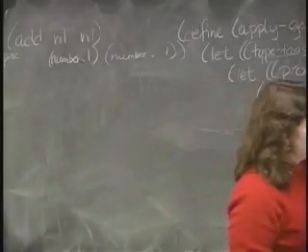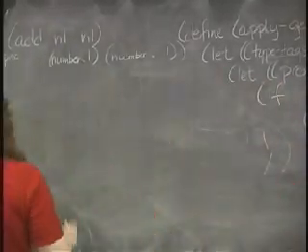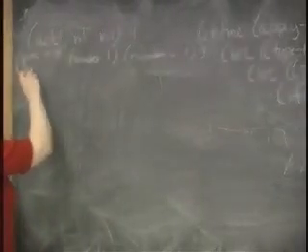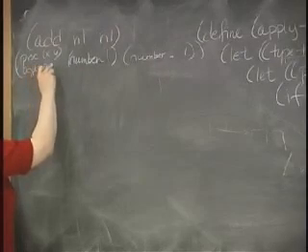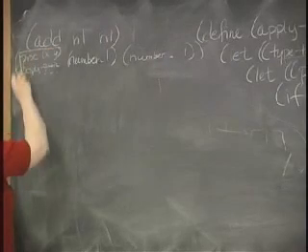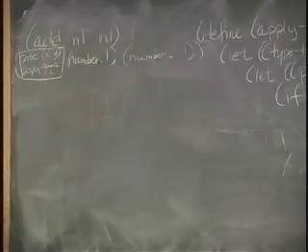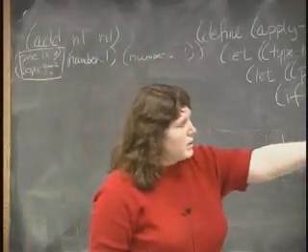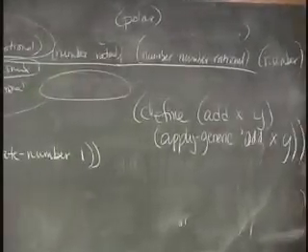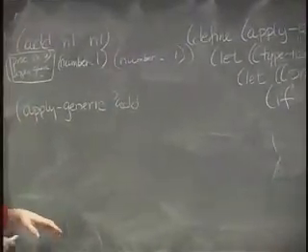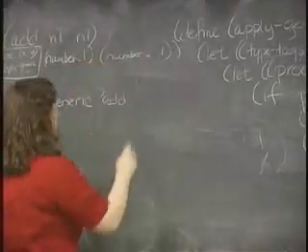It's over here. It's a procedure that takes in two arguments, x and y, and then calls apply generic. So now we're going to apply this to those two arguments. So now, you see add x and y, we're going to apply generic add to x and y. So this is x, this is y.